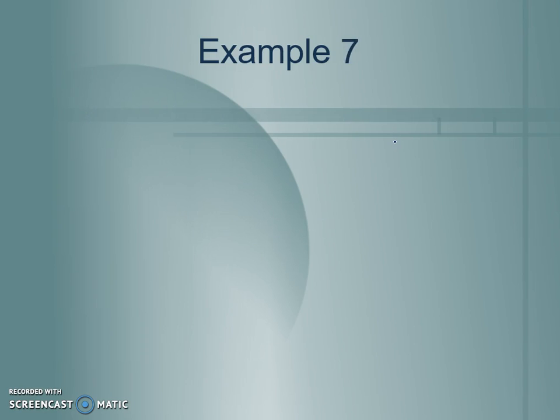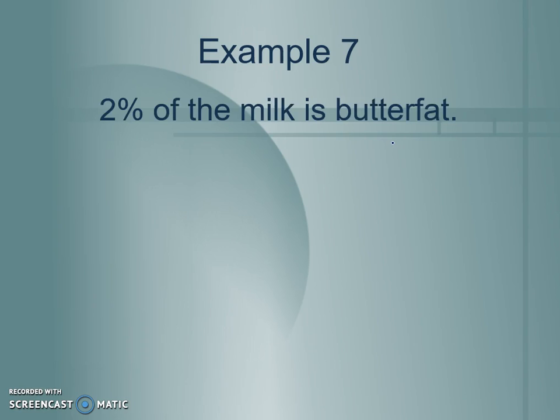Example 7. How many gallons of 2% milk does it take to yield 1 gallon of butterfat? So we're just saying 2%, or 0.02 of the milk, M, is, sorry, 1 gallon of butterfat.